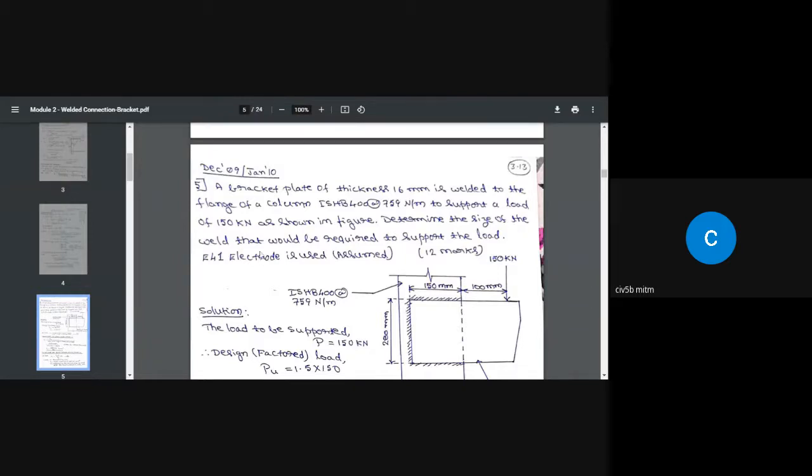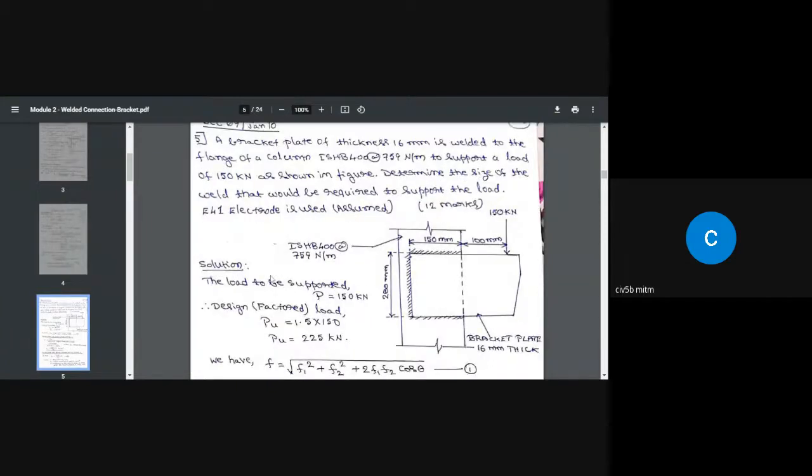Determine the size of the weld that would be required to support the load. We need to find out what is the size of the weld to support this service load. It says about the weld, E41 electrode is used. So here I have written assume, that means E41 means 410 Newton per millimeter square is the weld strength.